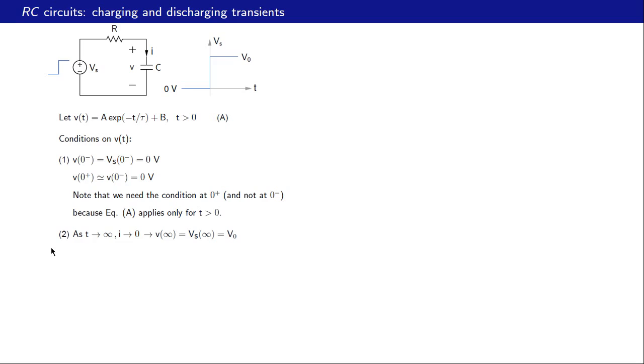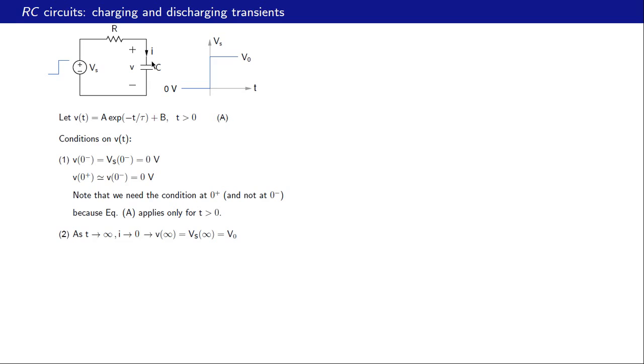Okay, let us now look at the circuit at t equal to infinity. What is the situation at t equal to infinity? We have Vs equal to V0, and sufficient time has passed to reach steady state, and therefore V and I and all other variables in the circuit would have become constant.